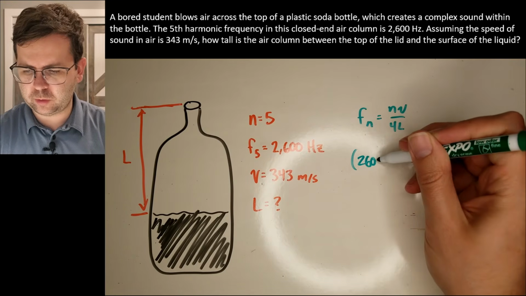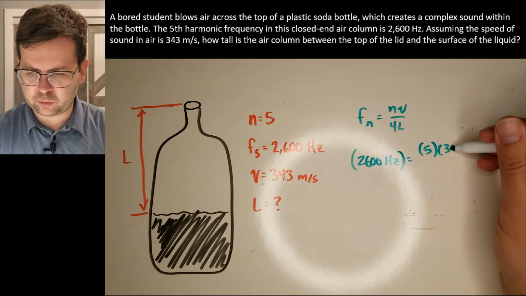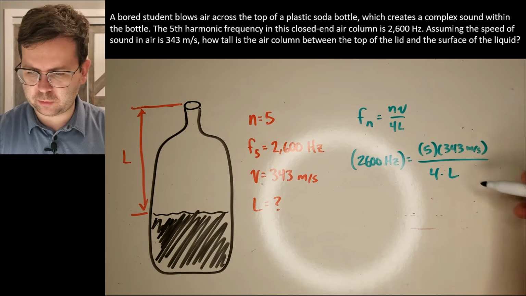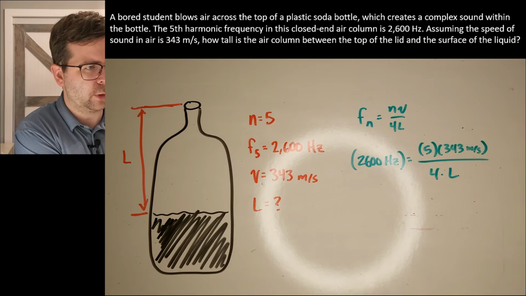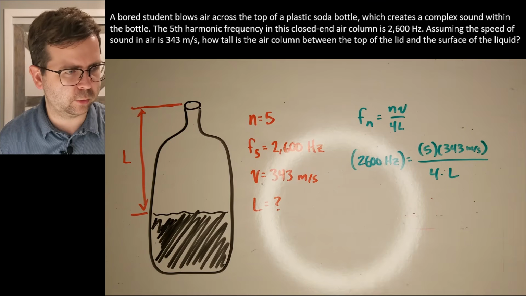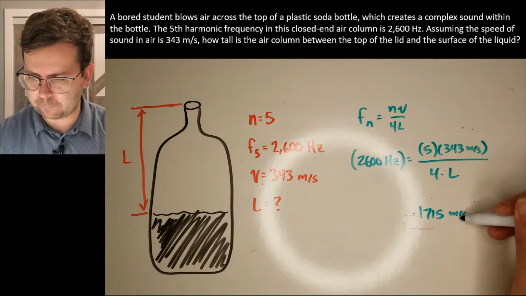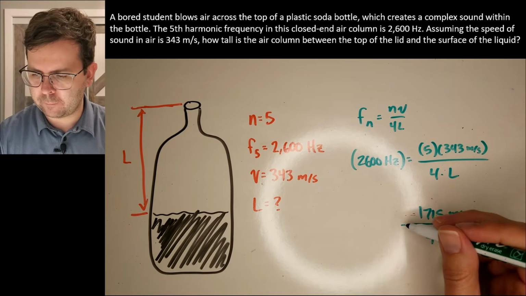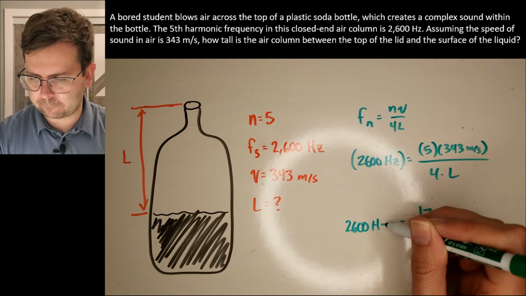We have 2600 hertz equals 5 times 343 meters per second divided by 4 times L. I'm going to multiply the numerator first. So 5 times 343 is 1715 meters per second over 4 times the length. And this is 2600 hertz over here.